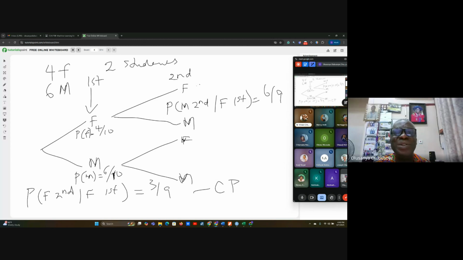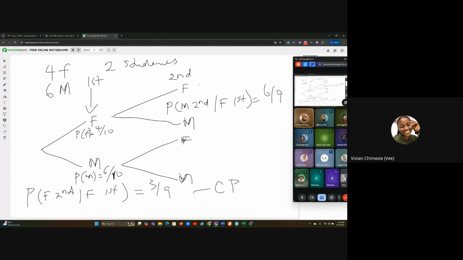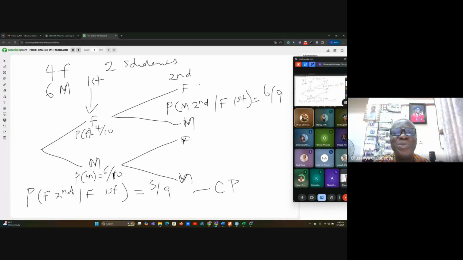Okay. Here, we are looking at probability of male in the second, given that female was chosen in the first. Right? Vivian, you have to respond. Oh yes, sir. Okay, given a female was chosen from the total number of students. You have chosen a student, so the total number of students remaining is 9.